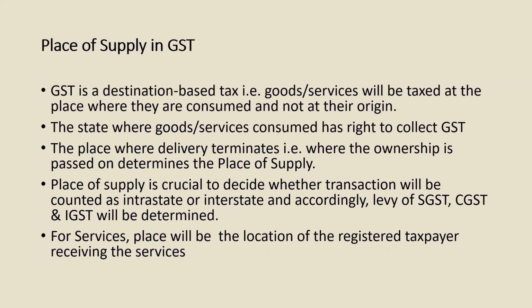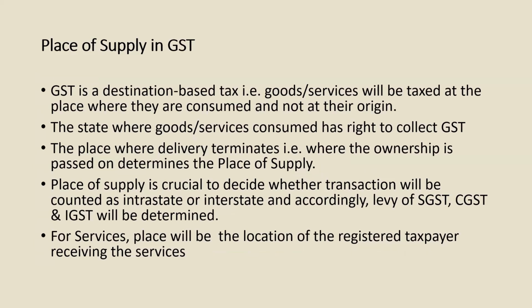Now, as far as place of supply, I said in the first slide that the place of supply for GST is the destination, because it's a destination based tax. Okay, it will not be the origin state, it will be the destination state, and that is the place of supply that will be considered for purposes of GST.